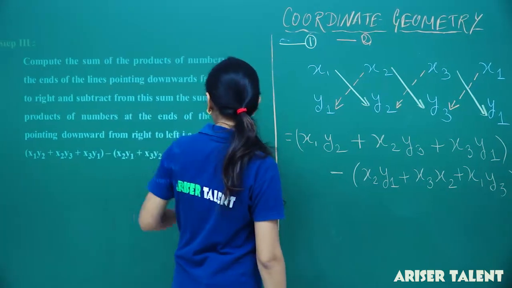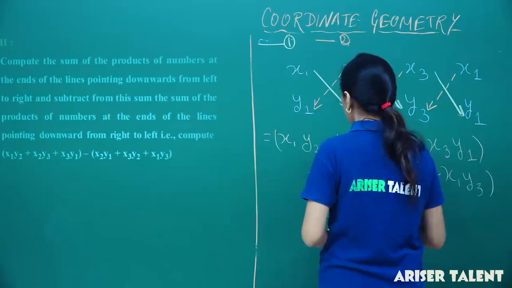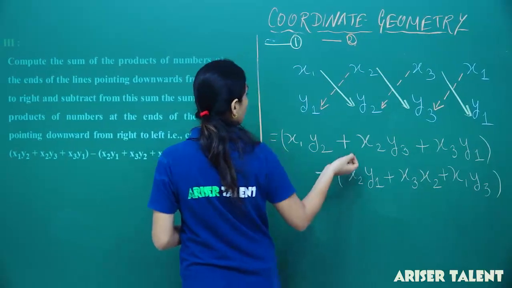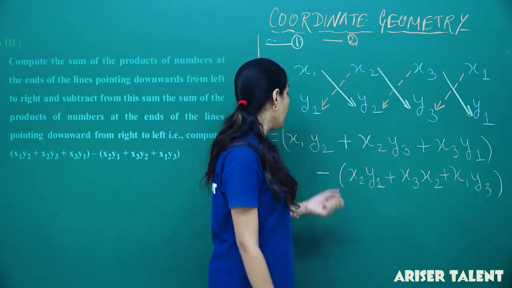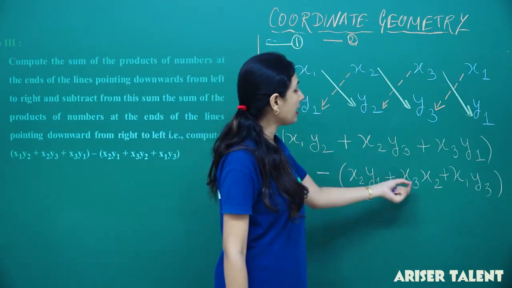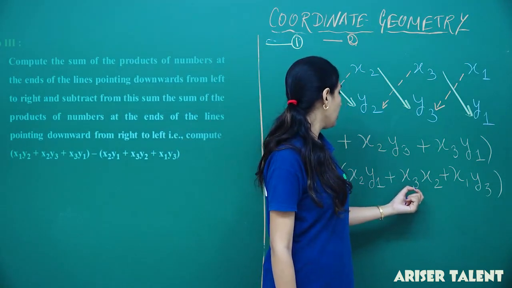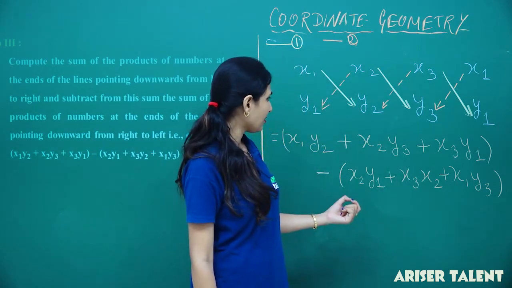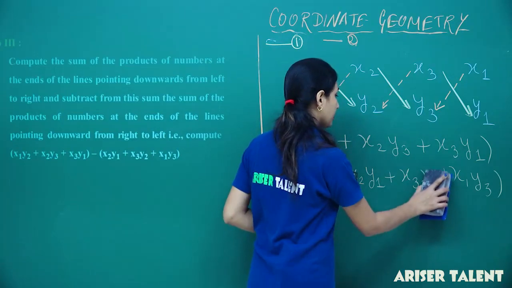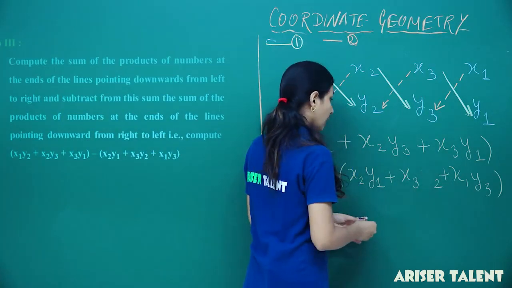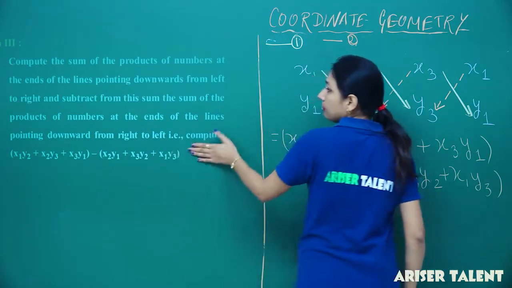So this is the formula here and here also, that is x1, y2 plus x2, y3 plus x3, y1 minus x2, y1 plus x3, not x2, that should be y2. Right, x3 and y2, so that will be y2 here. Now we have completed this complete step.